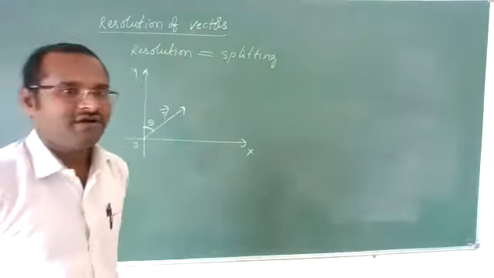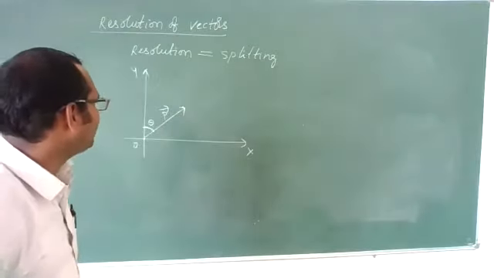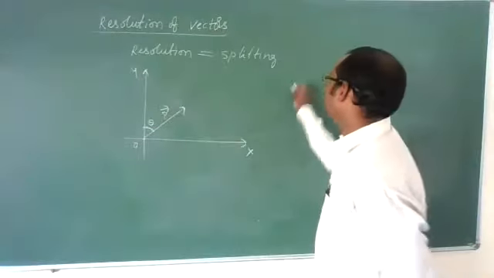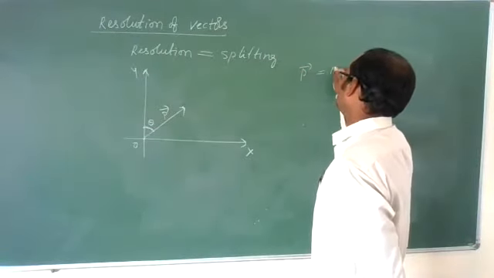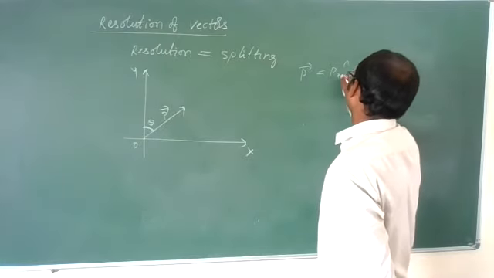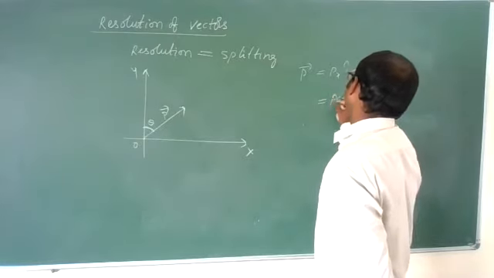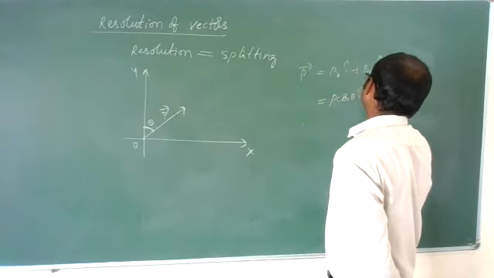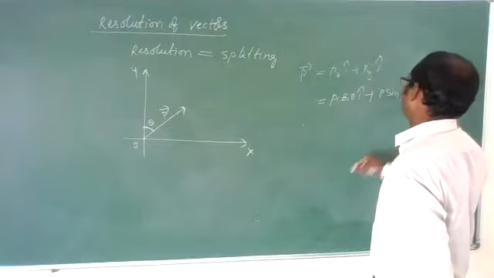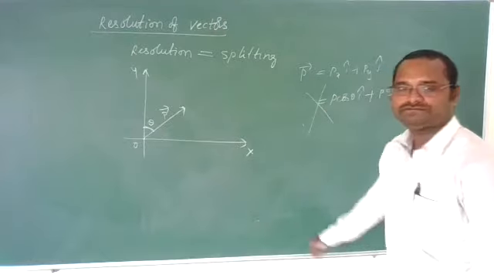Think, take a pen and paper, try to get the answer. What will all the students write? They will write P is nothing but Px I cap plus Py j cap. Px is P cos theta I cap. Py is P sin theta j cap. They will write this, which is wrong.